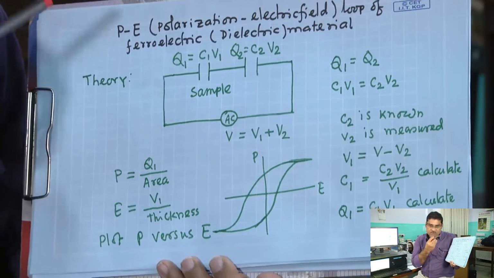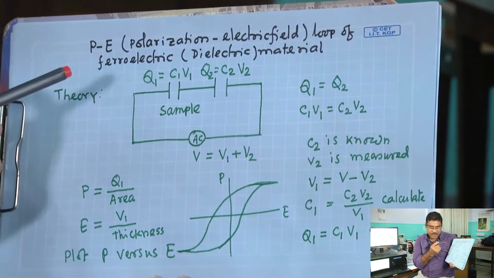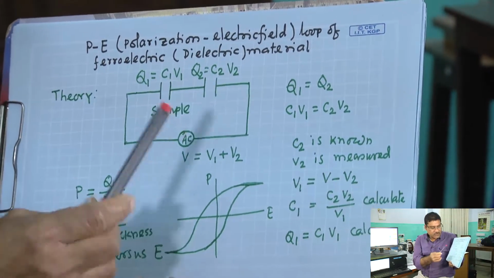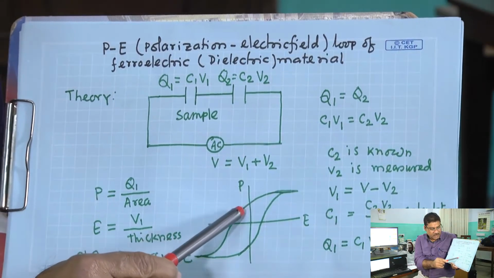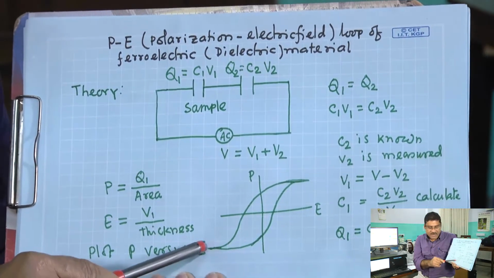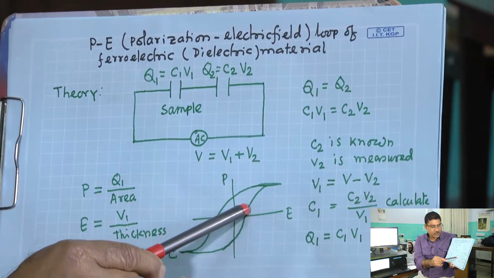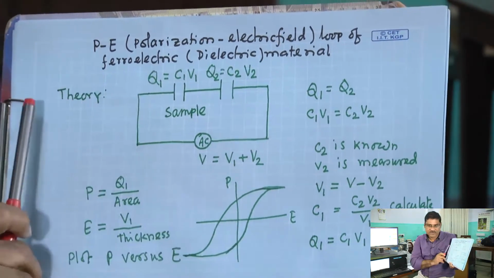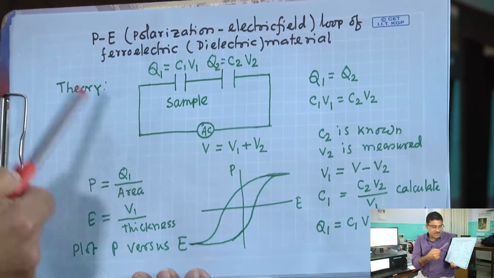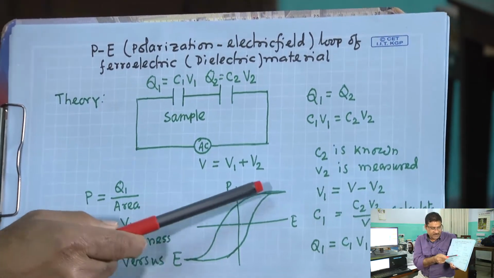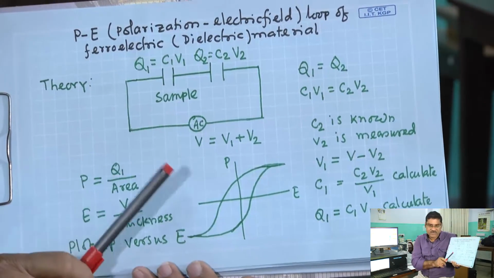To see the hysteresis loop for ferroelectric material, we have to start from the maximum positive electric field, go to the maximum negative electric field, and again go back to the maximum positive electric field. With some step of electric field, we take data and plot, and we will get this kind of hysteresis loop.